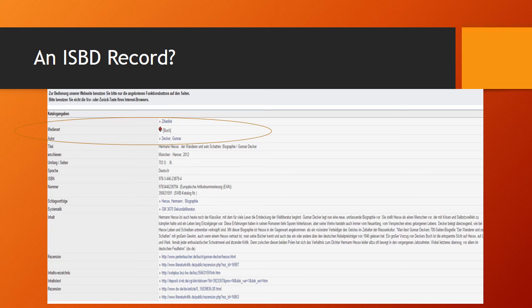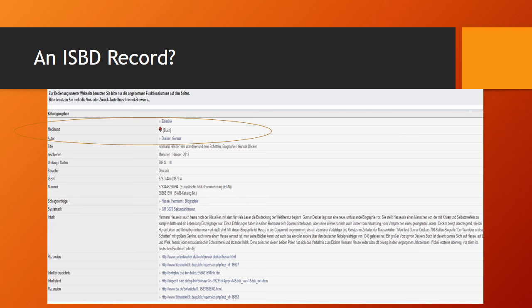It has 703 pages, it's got illustrations. We've got the language, we've got the ISBN number. Notice they wrote the number out both with the original dashes and without the dashes. They've only got one subject here.